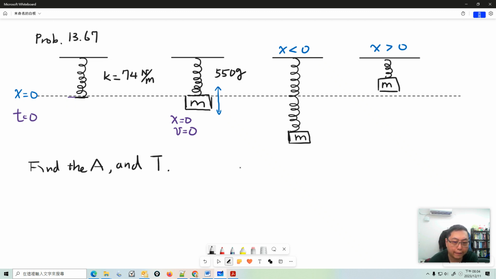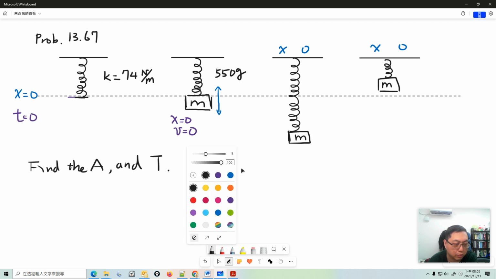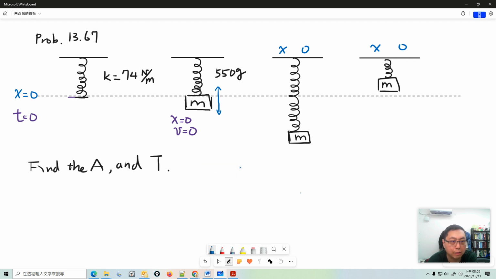It's still a simple harmonic oscillation, and I define things accordingly. Maybe it's a little different from my notes, but I think the answer is the same. This is the equilibrium position, everything below means x greater than 0, and everything up means x less than 0.